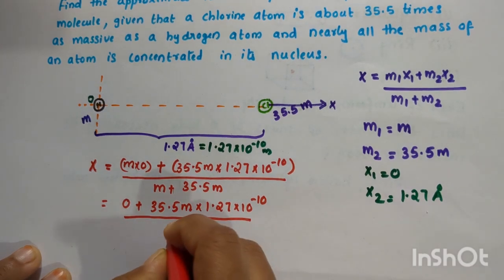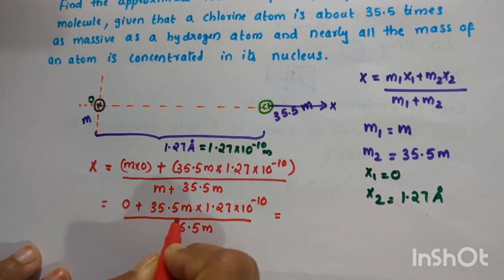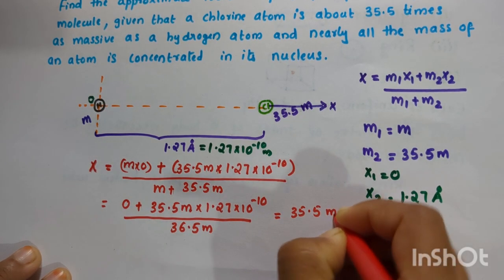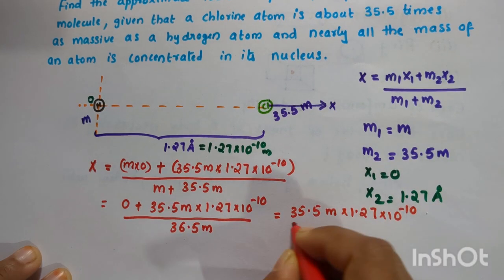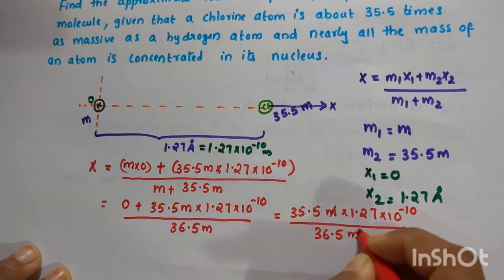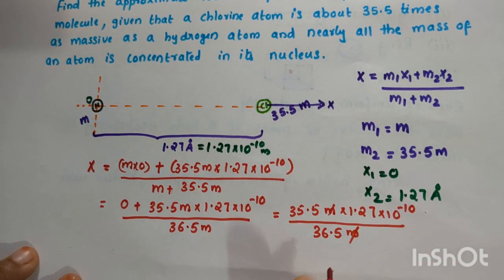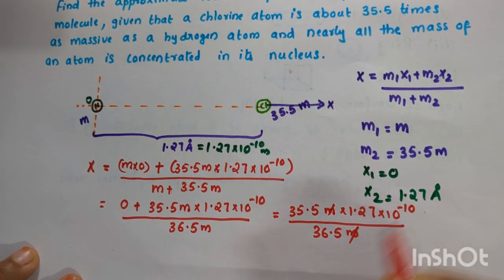That will be equal to 36.5 m in the denominator. So this is equal to 0 plus that value itself: 35.5 m into 1.27 into 10 raised to minus 10 divided by 36.5 m. This m and this m can be cancelled. So we have 35.5 into 1.27 into 10 raised to minus 10 divided by 36.5.